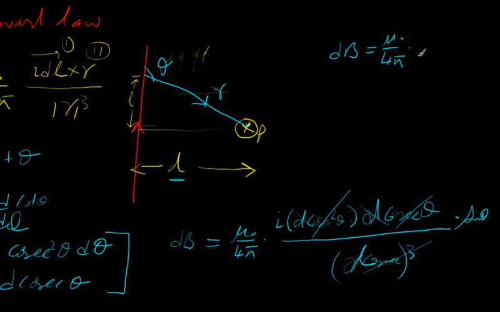Then we end up with mu naught I sine theta d theta divided by D. So this is a very important formula.